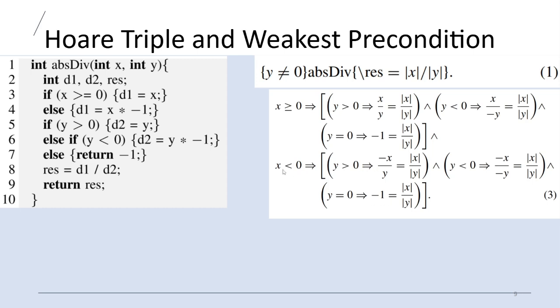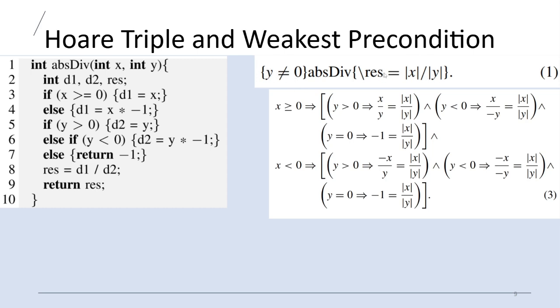If x is less than 0, it is the same result. If y equals 0, the result is still -1. So in this case, the weakest precondition is y does not equal 0, and this is the same as the precondition.